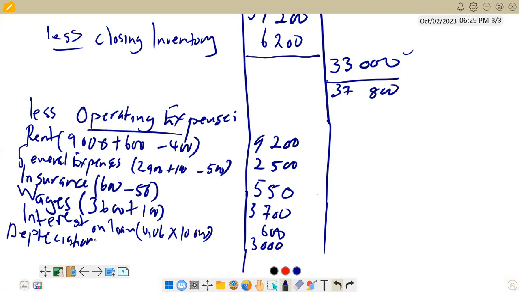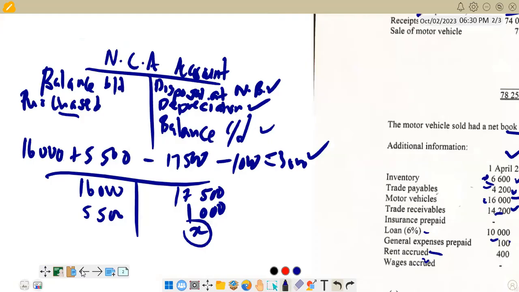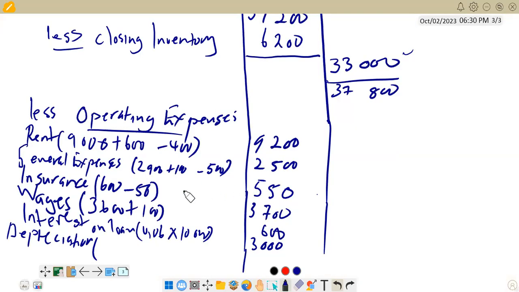We have to summarize here in terms of working how we arrived there. We are saying 16 plus 5,500.